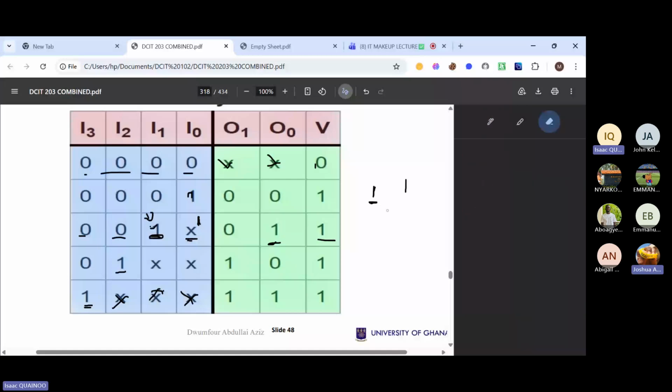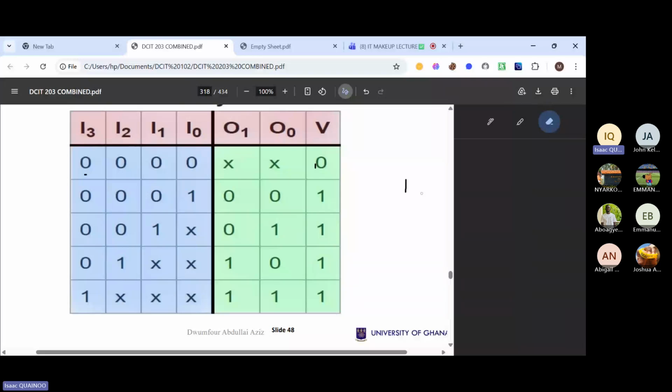All right. Let me take my time and explain this thoroughly so that we understand. I think the reason I'm moving fast is because I presumed that you already understand the truth table from decoders. So let me explain what this truth table means.